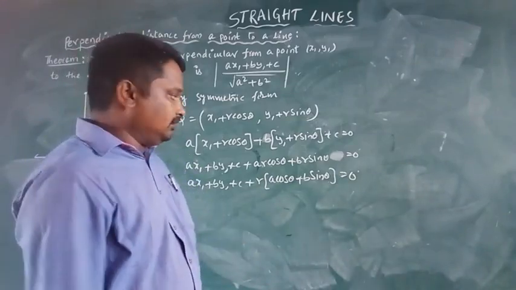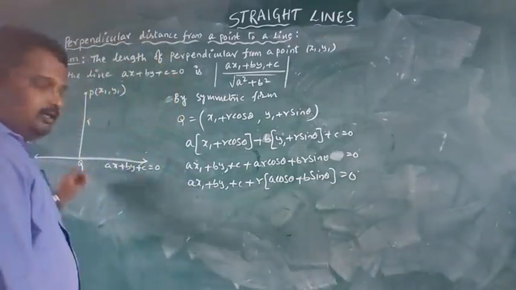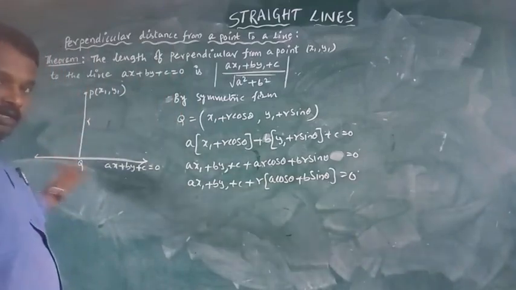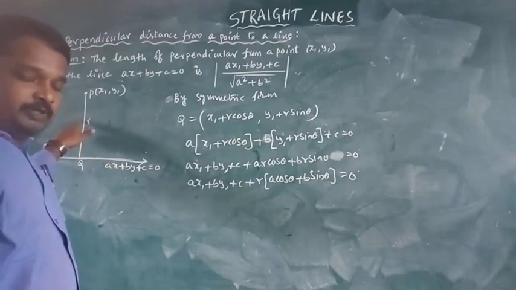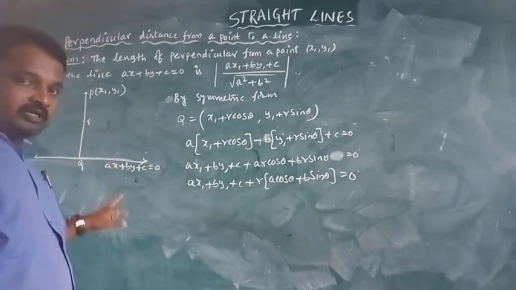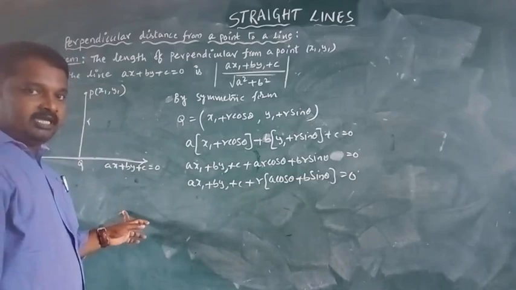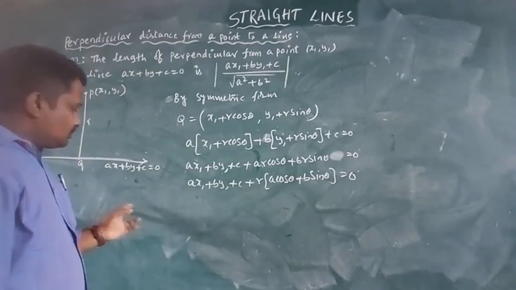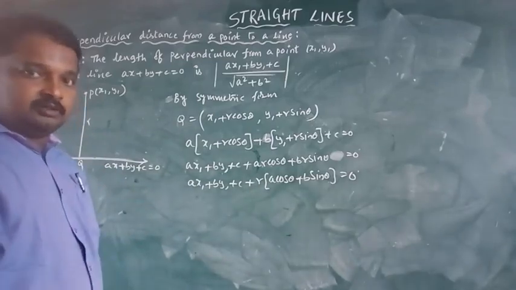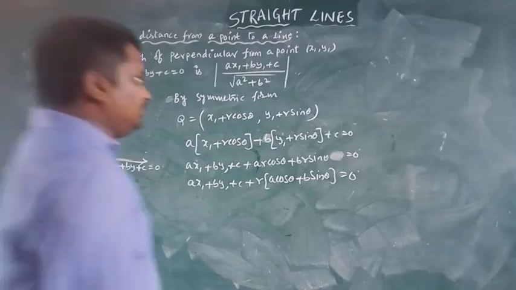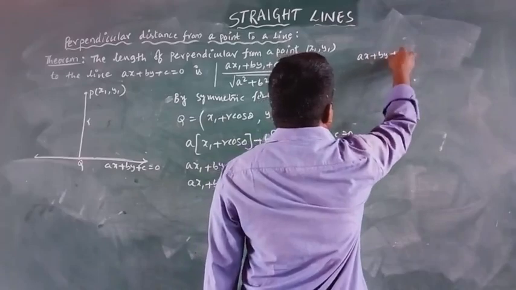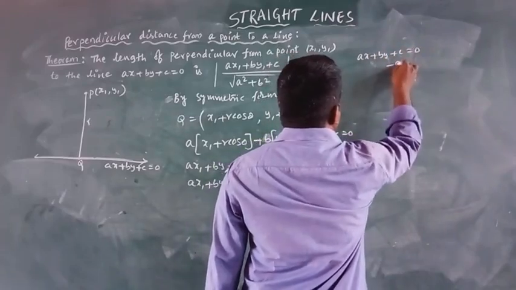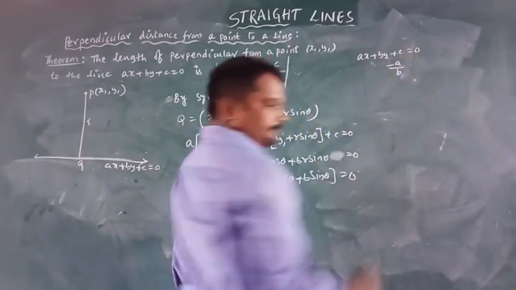How will it be seen now? Look here. This PQ is perpendicular to ax + by + c. The slope of PQ is minus 1 times the slope of ax + by + c. So what is the slope of ax + by + c? Generally we know that the slope of ax + by + c equals minus a by b.